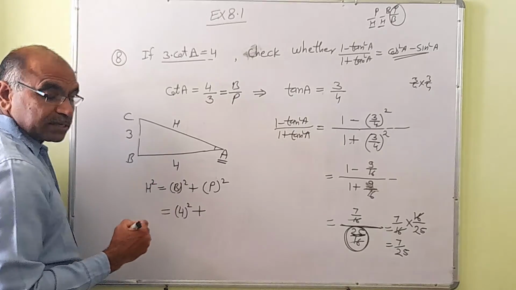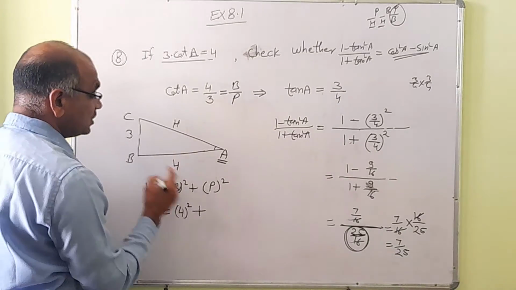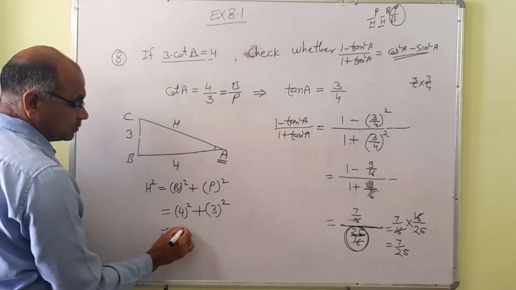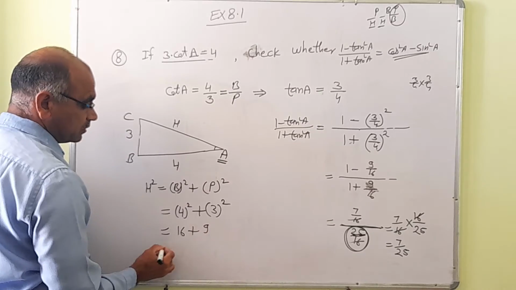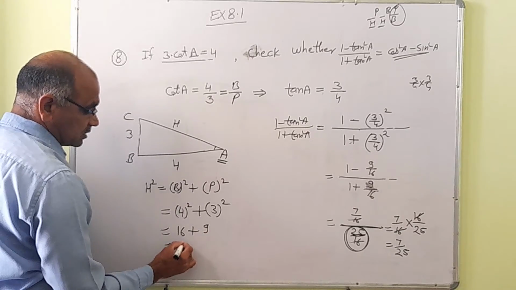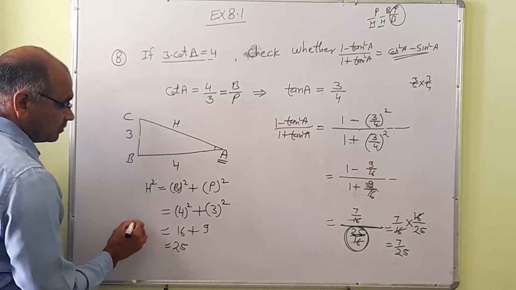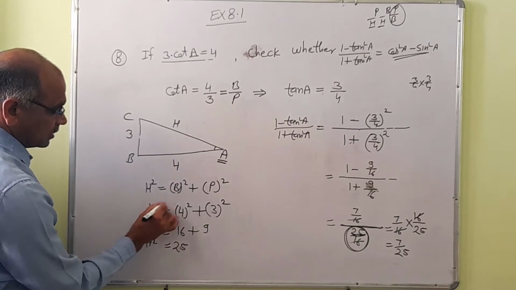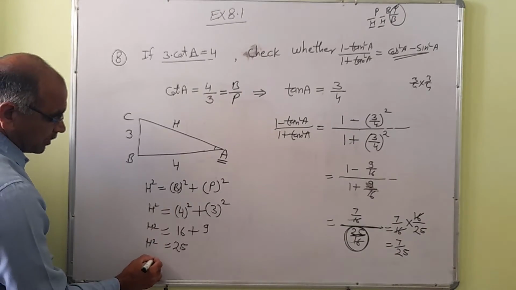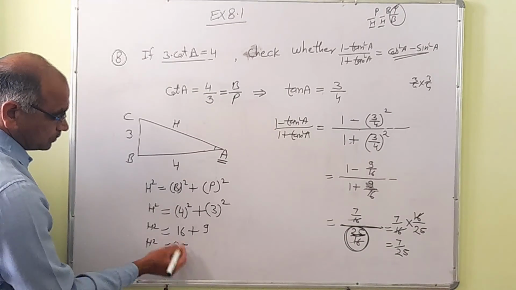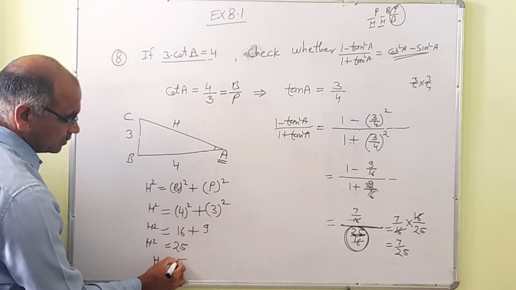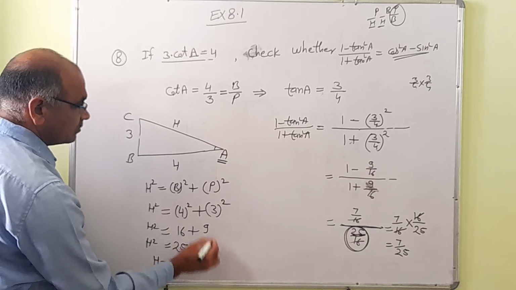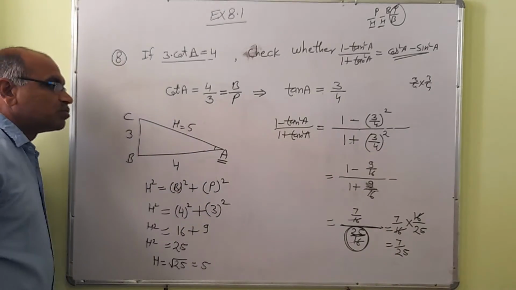And what is the perpendicular? Perpendicular has 3 units length. So here 16 plus 9. This will give 25. Here h square is equals to 25. Now h equals to, make under root. Put the sign of under root here. You will get 5. So hypotenuse is 5.